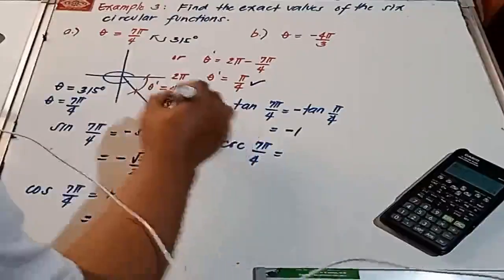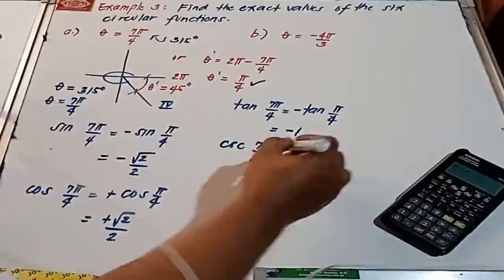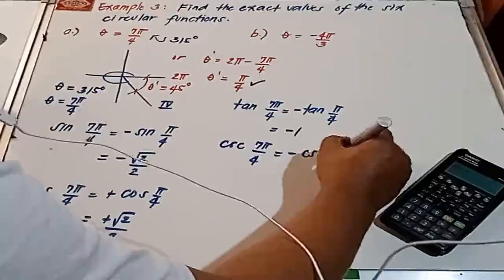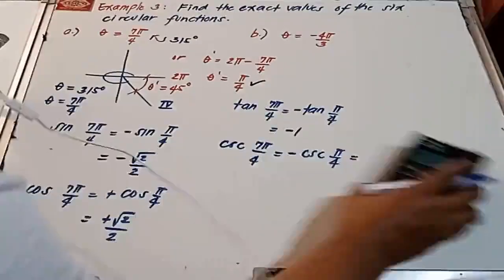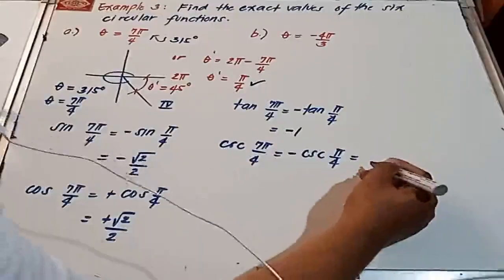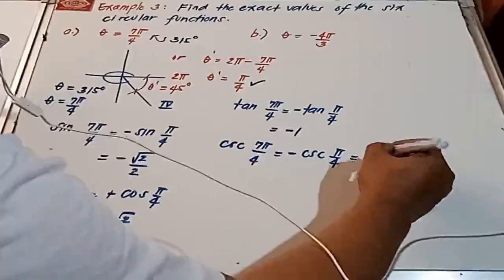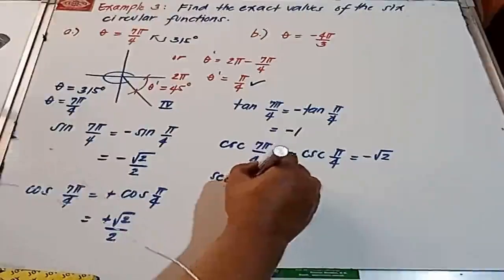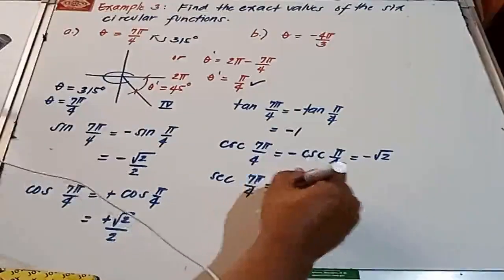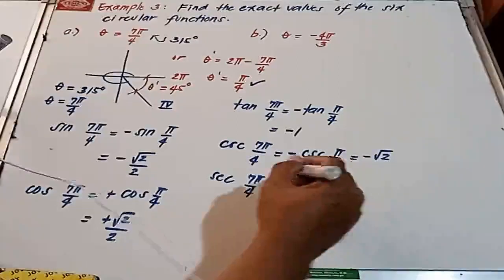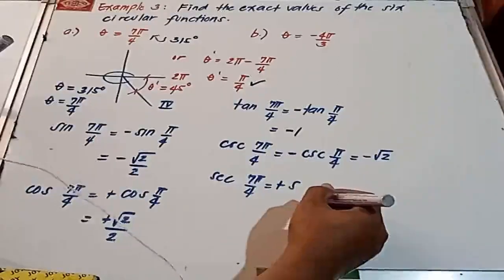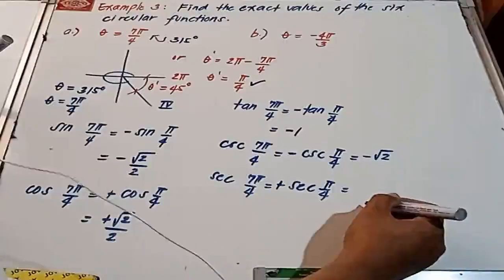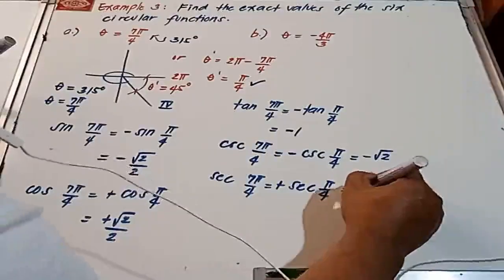That is, cosecant dun sa ating fourth quadrant is also negative. Negative cosecant pi over 4. That is equal to cosecant 45 or pi over 4 is square root of 2. So, negative square root of 2. Secant 7 pi over 4 is the same as positive, positive pala si secant sa fourth quadrant. Secant pi over 4 is square root of 2.